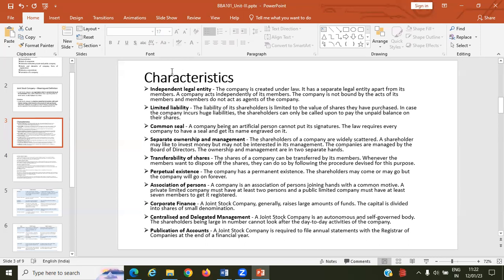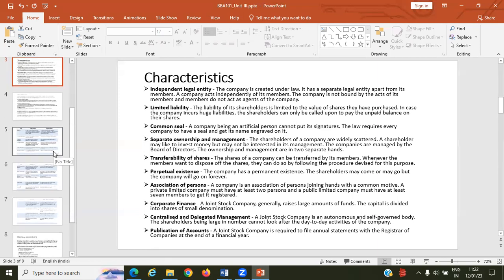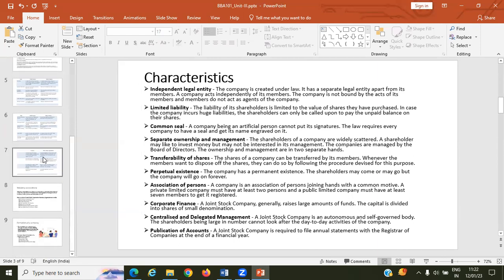So you go through all the points. Then in this unit we have one thing: how a company is getting formed and how a company is getting dissolved. The formation part is important.